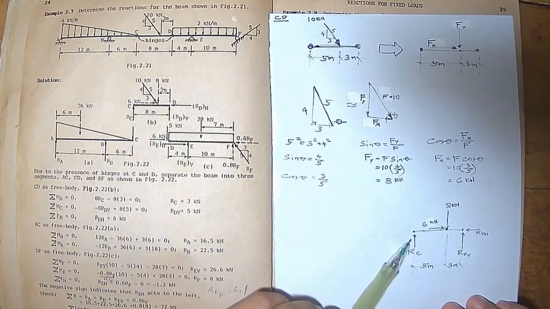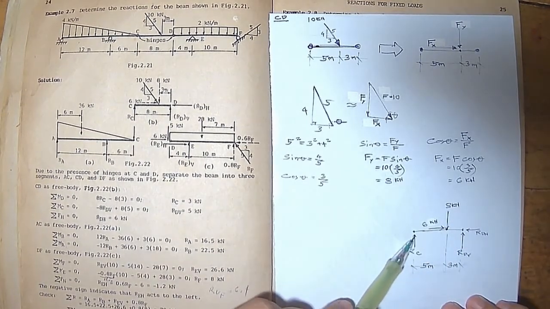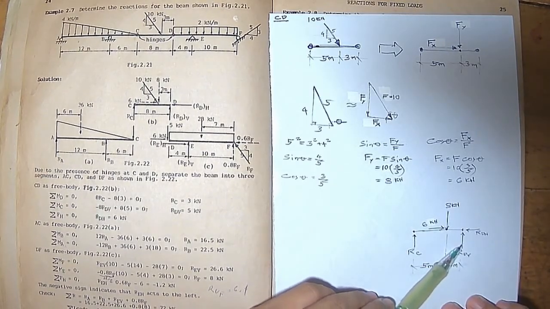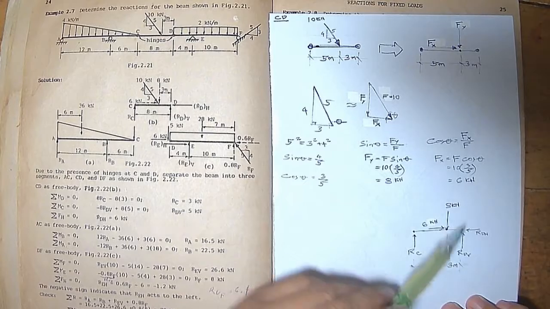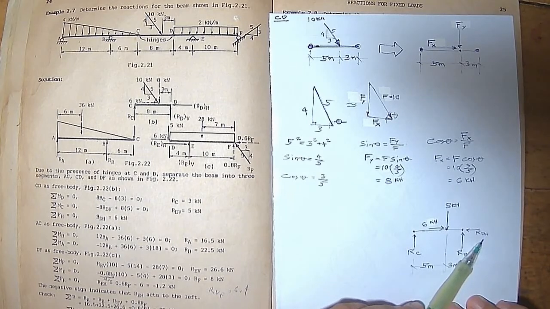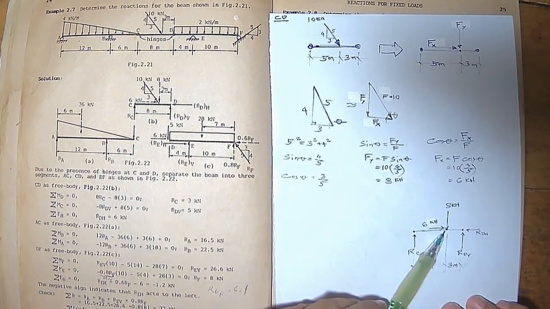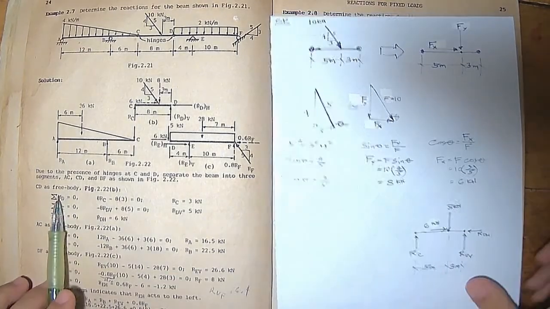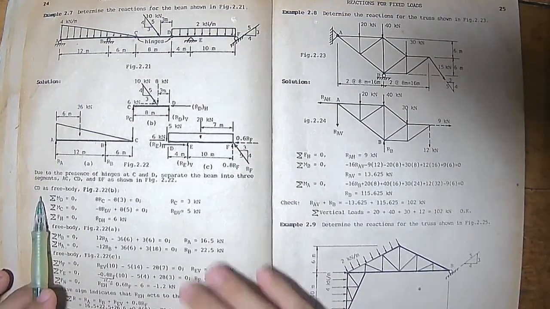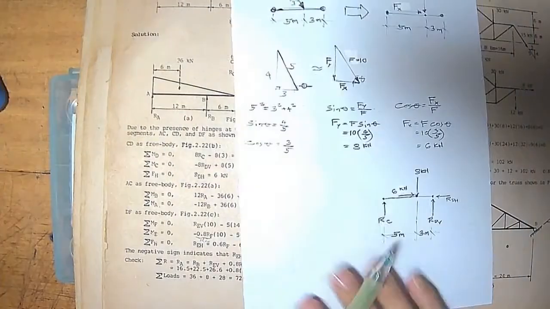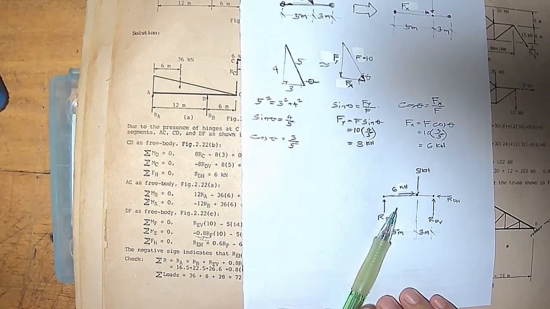And you have here the reaction RC being vertical, and then dito, dalawa, RDV being vertical also, tapos RDH being its horizontal reaction. Ngayon, ang application of load niya is at 3 meters from point D. So, balik tayo dito. Taking CD as free body, remember na ito yung figure ni CD, okay?